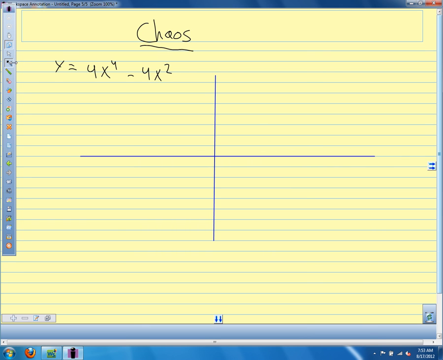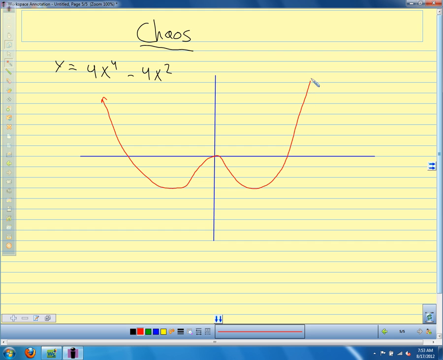The function looks something like this, and we have a root here. I'm going to call this root A, this root B, and this root C.